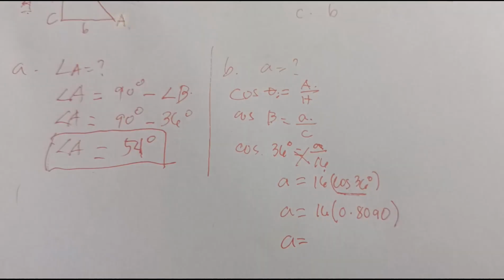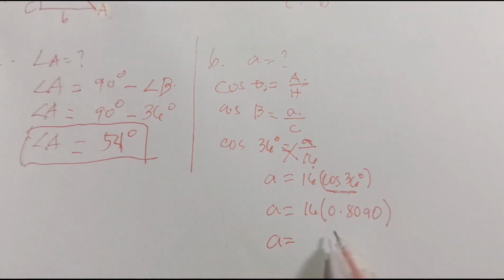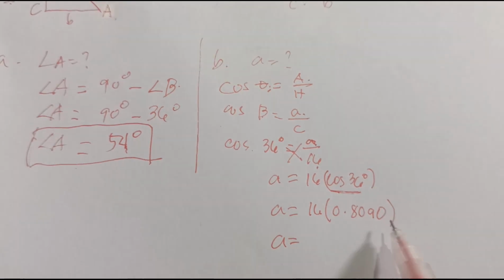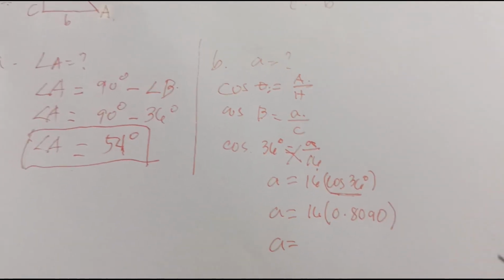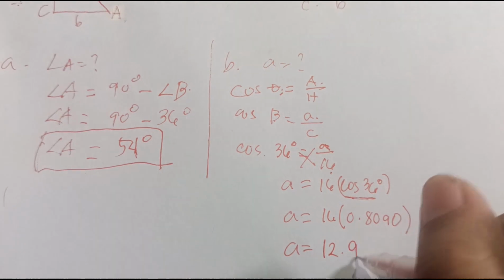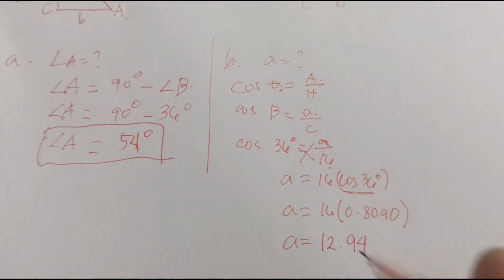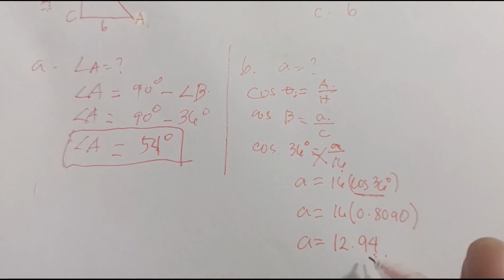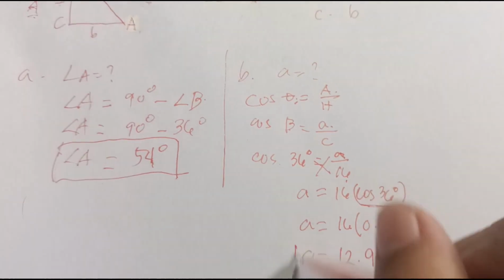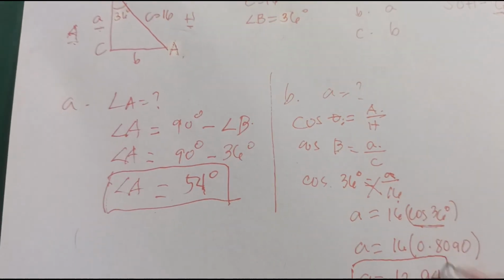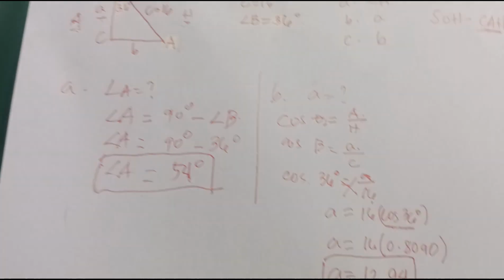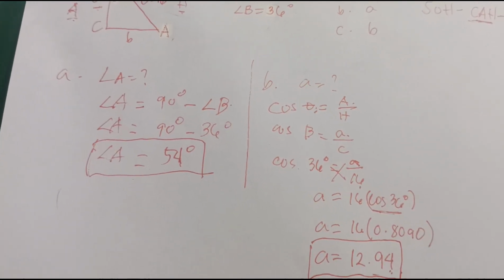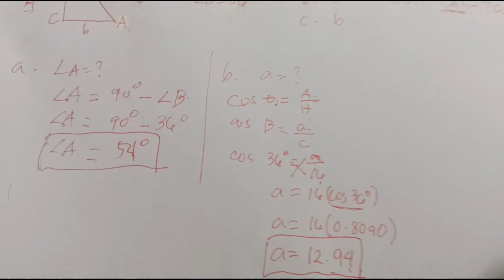Then we multiply 16 times 0.8090. The answer is 12.94. The digit after the 4 is 4, so we're not going to round off; just write two decimal places. This is the value of our A: 12.94. Again, it has no degree sign because it is a side.